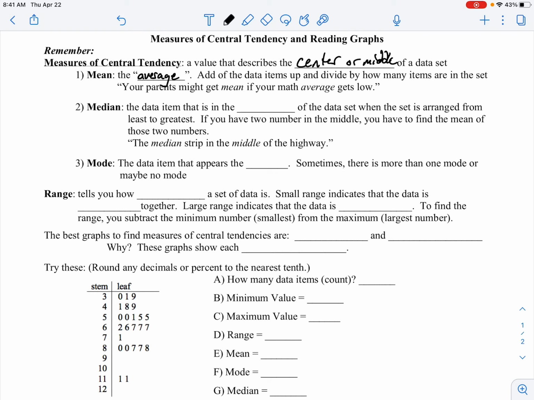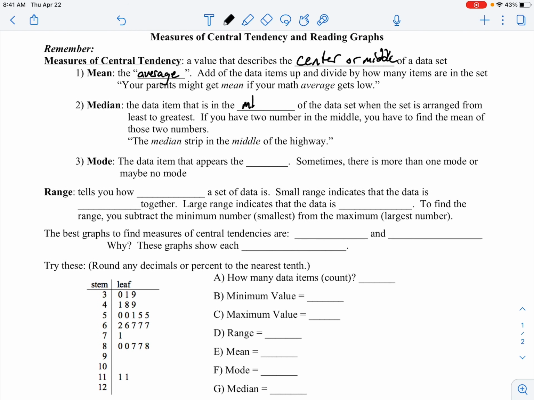So the median is the data item that is in the exact middle of the data set when it's arranged from smallest to biggest. So we have to rearrange our data, if it's mixed up, from smallest number to biggest number, and then work our way to find the exact middle.